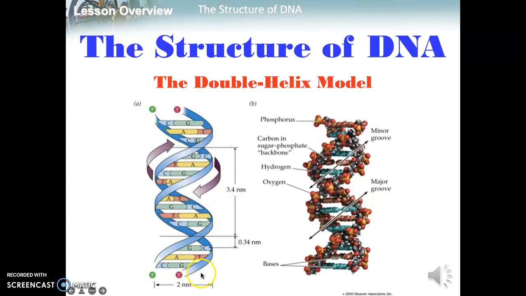Now there are 2 different sides to this molecule, as we said, hence the double helix, and they spiral in different directions. You can see here we have 1 running from 3 to 5, and then we have 3 running to 5. So our double helix is always put together in a 3 to 5 direction.